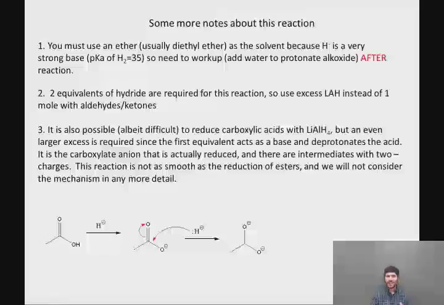You can reduce carboxylates this way, but the reaction is not as smooth as the reduction of esters is. If we were to try to continue this mechanism a little further, we will encounter some difficulties, although we do know that this reaction takes place. Therefore, we're not going to consider the complete mechanism of this reaction. But just for the sake of being complete with our material, we do need to know that reduction of carboxylates is a possibility.